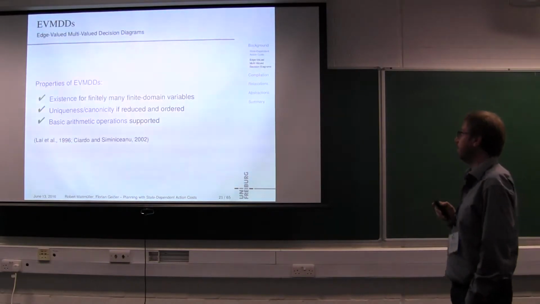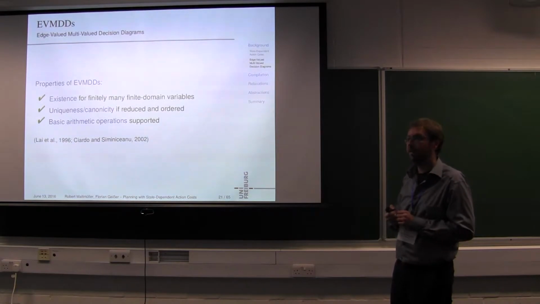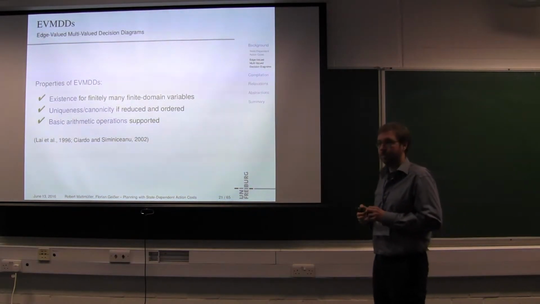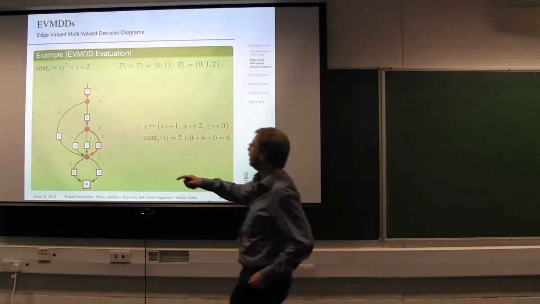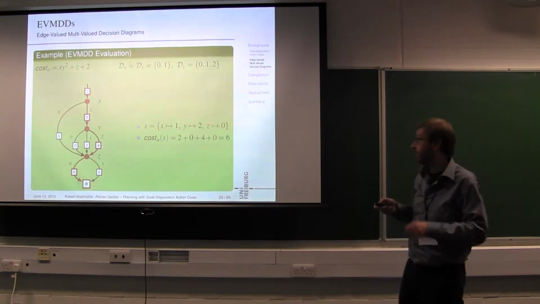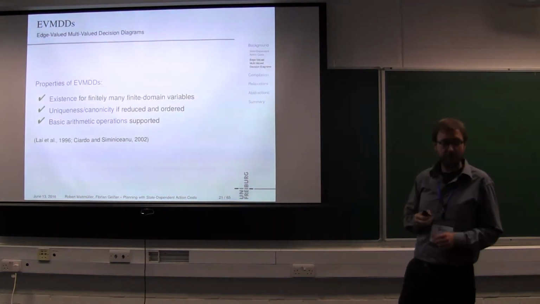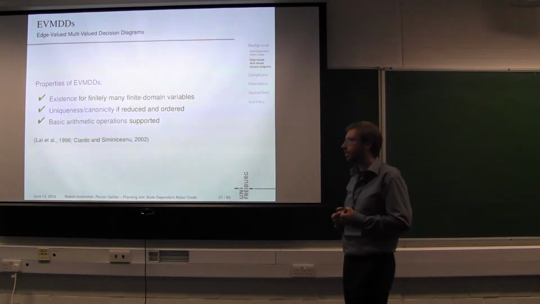Okay, that's how edge-valued MDDs work. They're guaranteed to exist if we have only finitely many finite domain variables. They're also unique if they're reduced and ordered, and if we make sure that the minimum outgoing edge weight for each branch is 0. And even more, they support basic arithmetic operations, so we can build them bottom up.